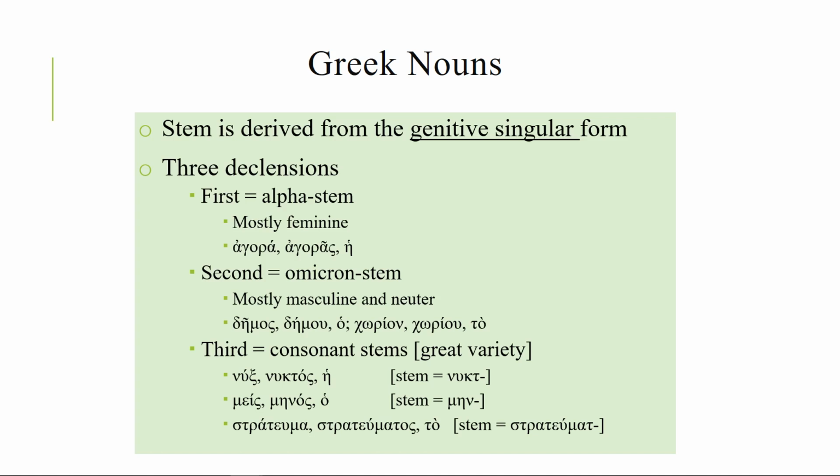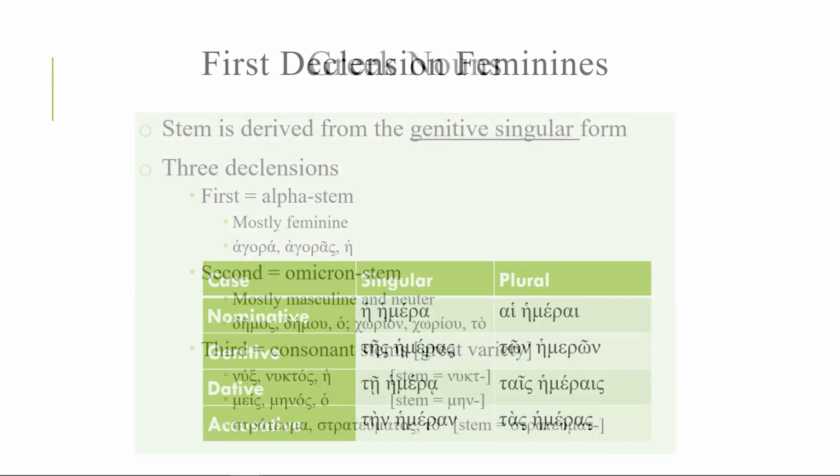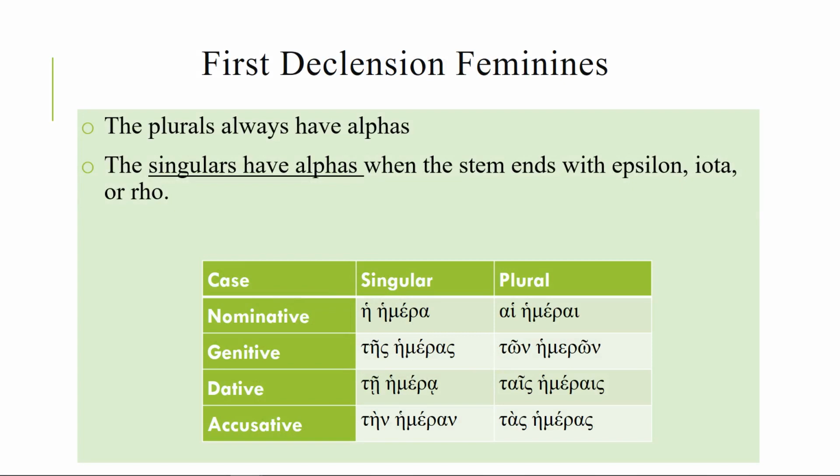So, what do we see in the feminine? The first declension is mostly feminine. The plurals have the alpha in the stem. The singulars have alphas when the stem ends with epsilon, iota, or rho.